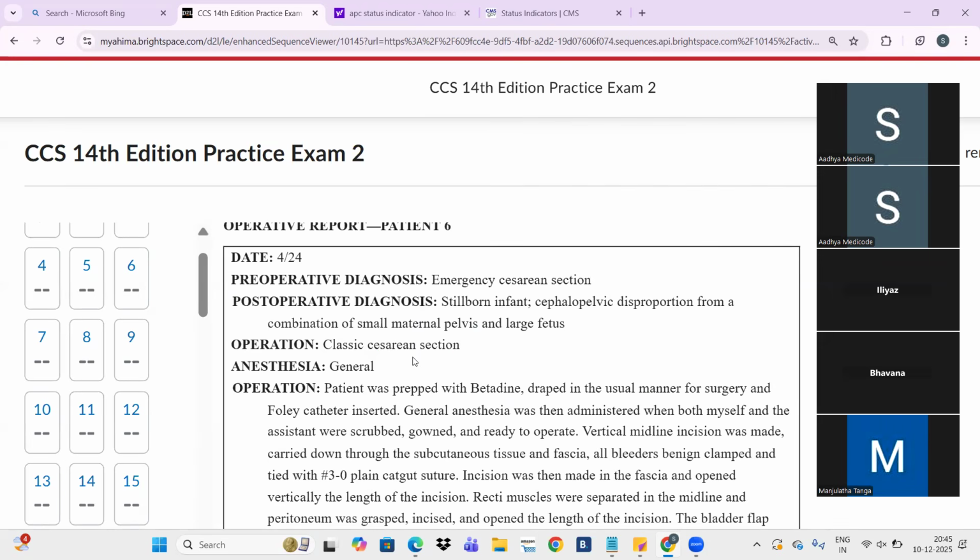We don't have any other code. No, sir. Then cephalopelvic disproportion is the PDX. Cephalopelvic disproportion should be PDX.